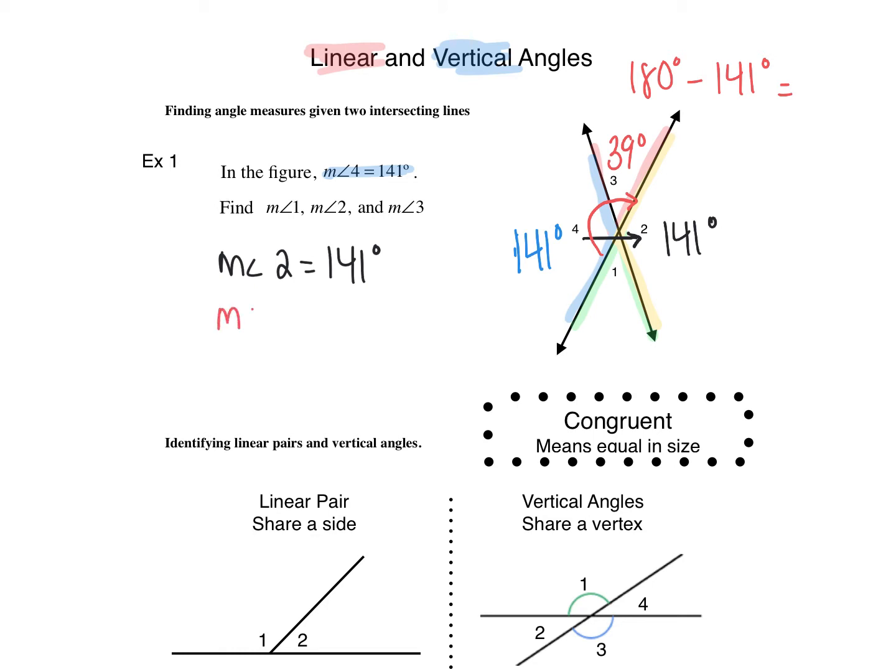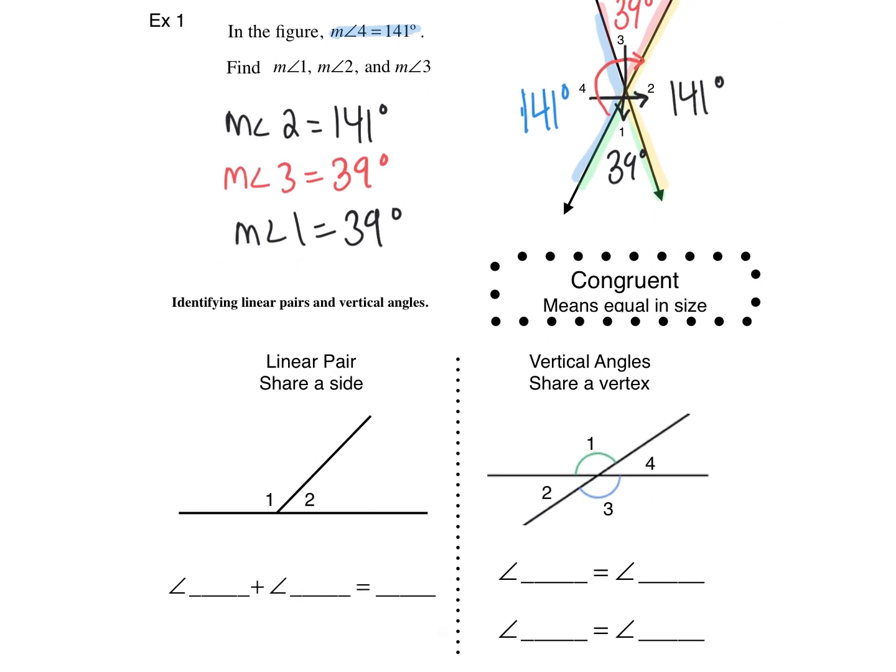Okay, so the measure of angle 3 is 39 degrees. And then again, looking straight across from angle 3 and using the vertical angles rule, anything that are vertical angles are equal or congruent. So if angle 3 is 39, then angle 1 must also be 39. And we just found the measures of the 3 angles given one piece of information. Okay?